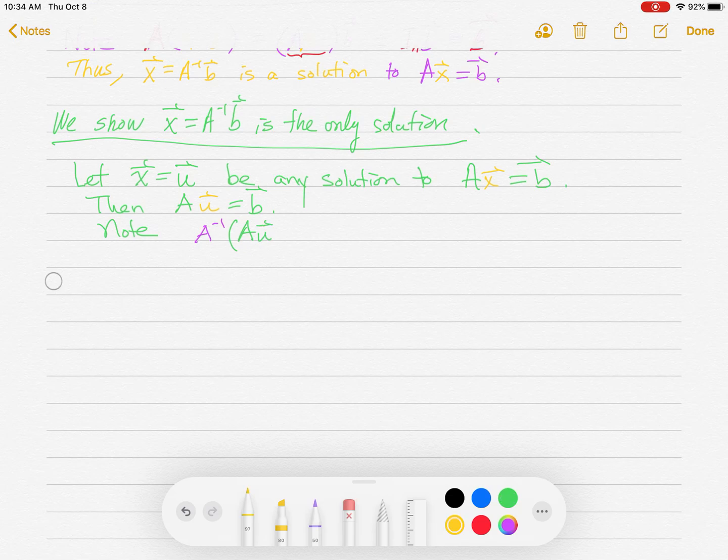So I'm going to multiply on the left by A inverse. I'm going to have A inverse times AU.